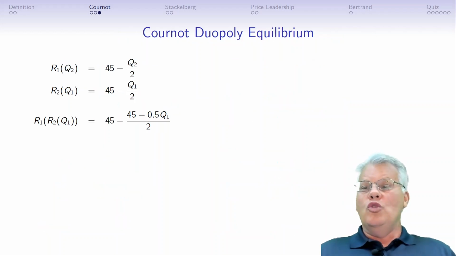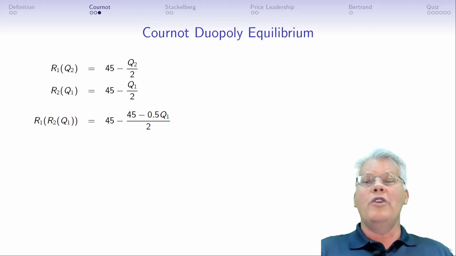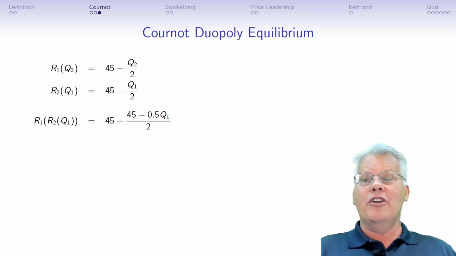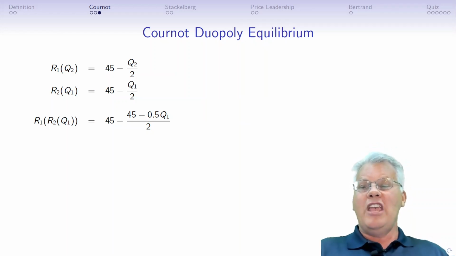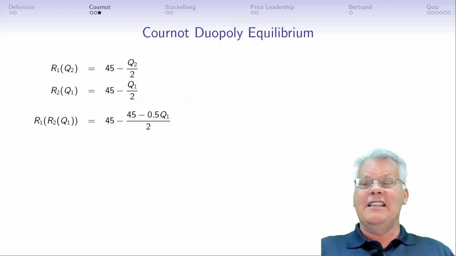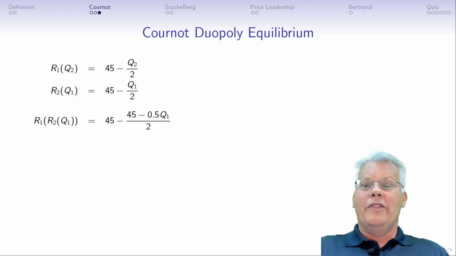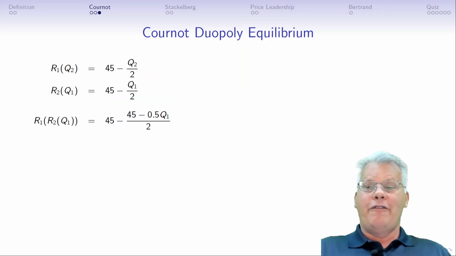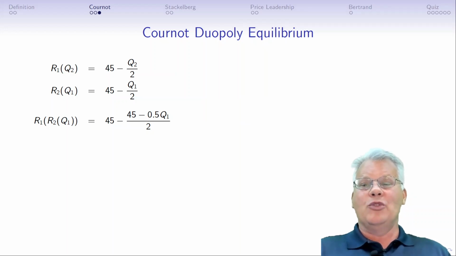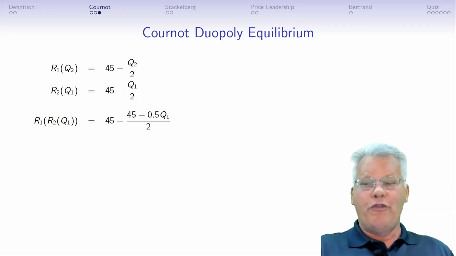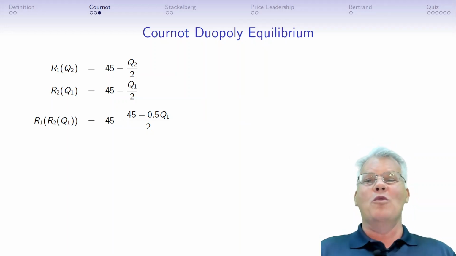So to get equilibrium, what I could do is substitute one reaction function into the other. In this notation I have R1 in the bottom line, R1(R2(Q1)). What that says is firm 1's output as a reaction to how firm 2 reacts to what firm 1 does.